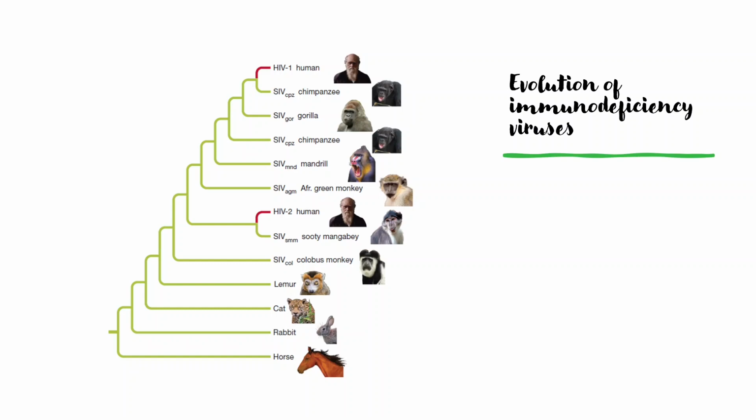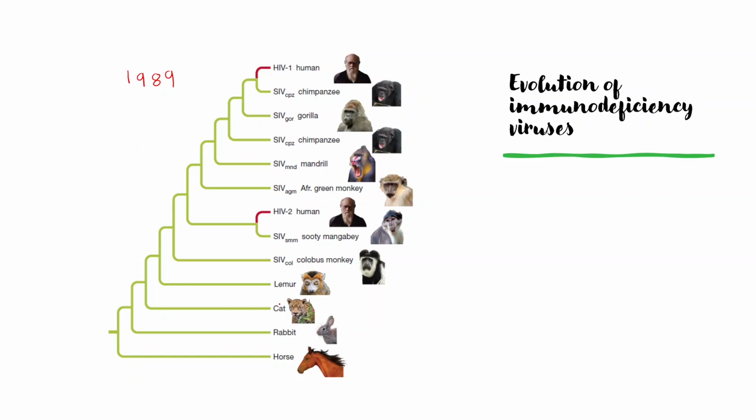I'm going to start this video by explaining the evolutionary history of human immunodeficiency viruses, which causes AIDS in humans. The HIV or AIDS pandemic was confirmed in the year 1989. There were two distinct HIV viruses, HIV-1 and HIV-2.